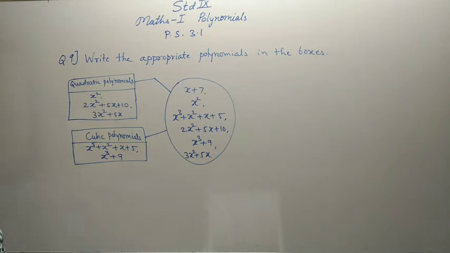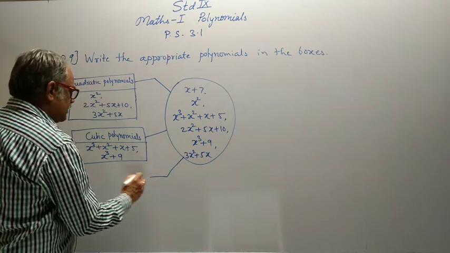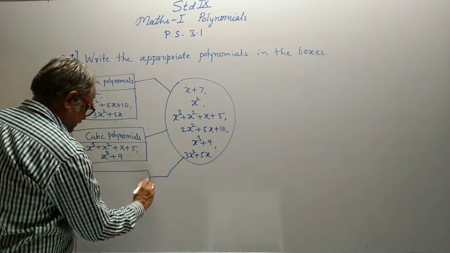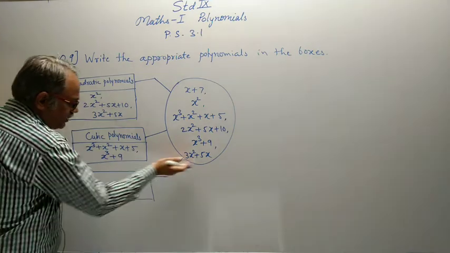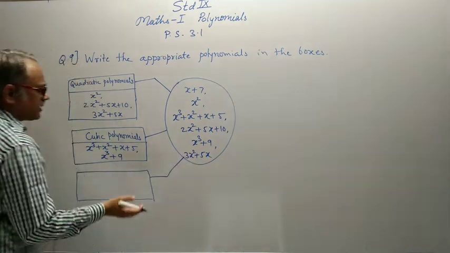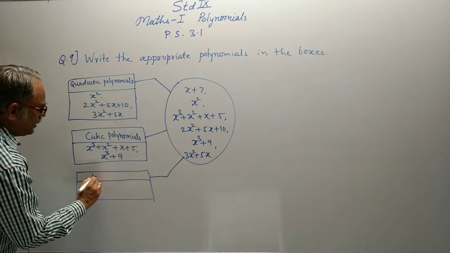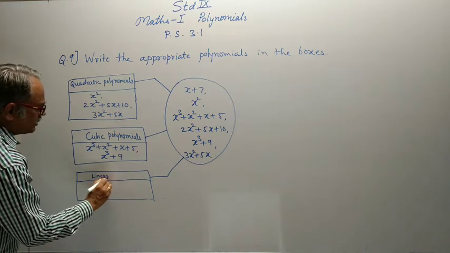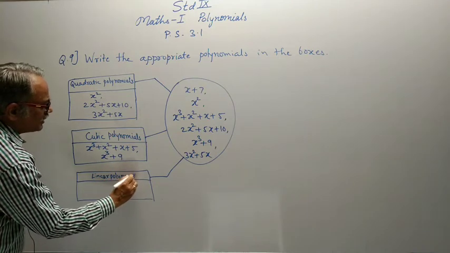Then they ask linear polynomials. It is not necessary that it must end within this line, you can use the next lines. Linear polynomials: first count how many there are.